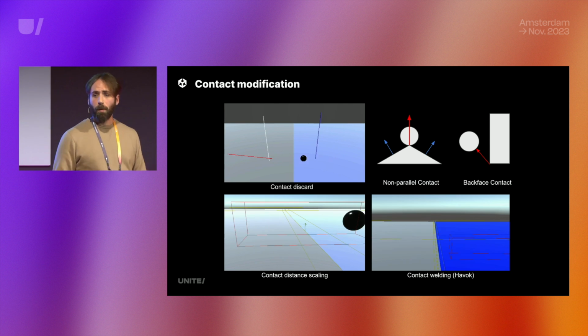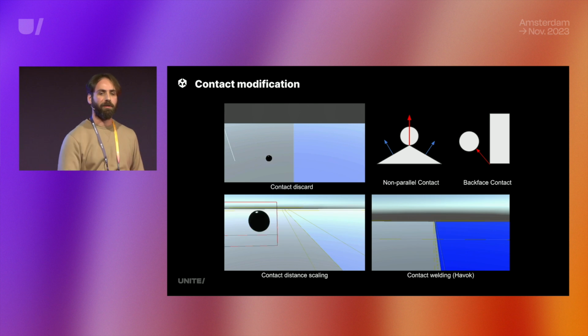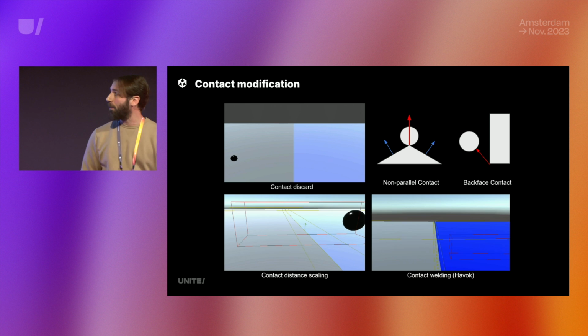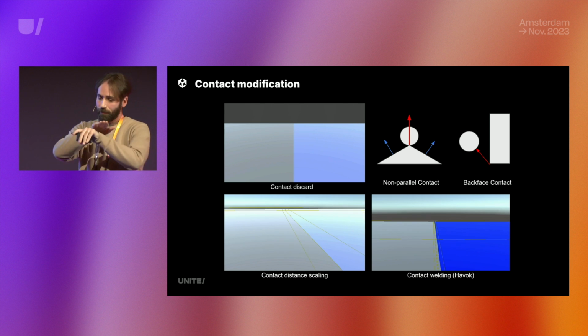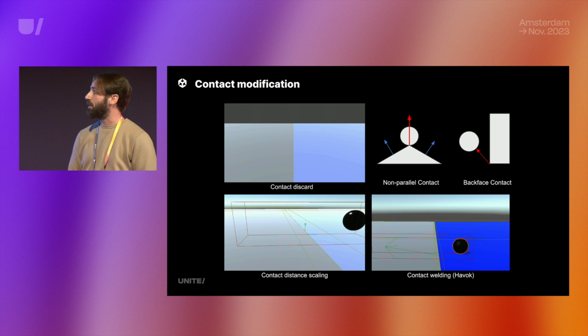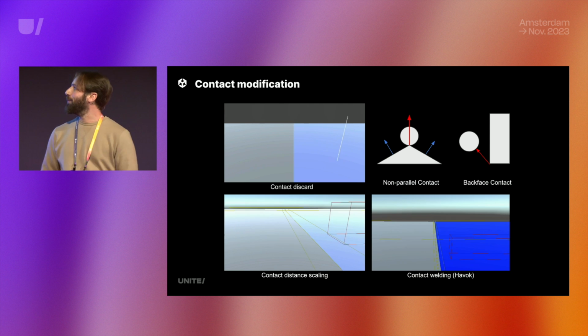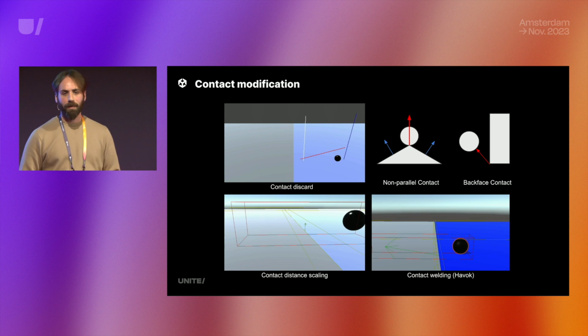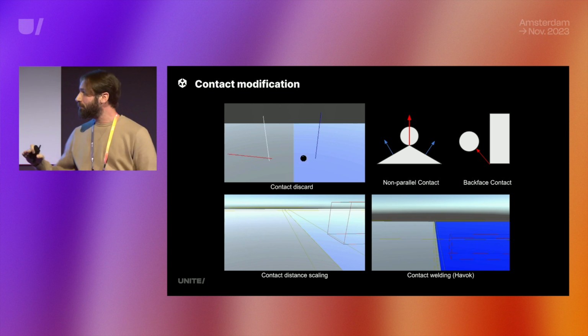One possible criterion is to discard contacts that are not parallel to the surface you hit. That is a very good and simple criterion in the case of an object moving across a flat surface. In the image, you can see three lines: the green, the blue, the white, and the red one. The blue one represents the normal of the surface the black ball is traversing.